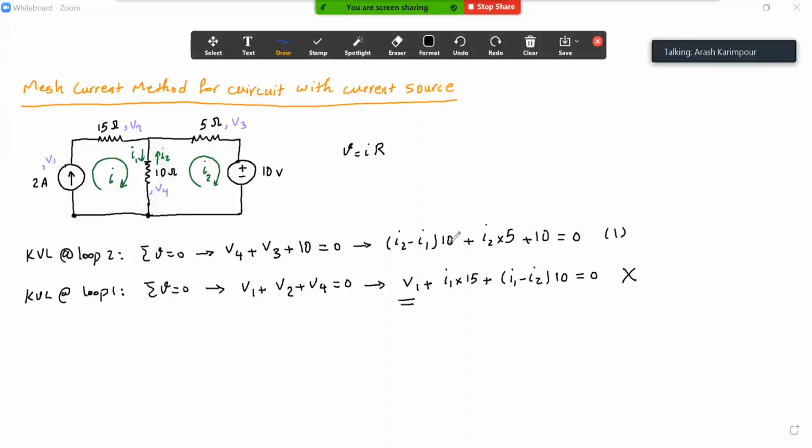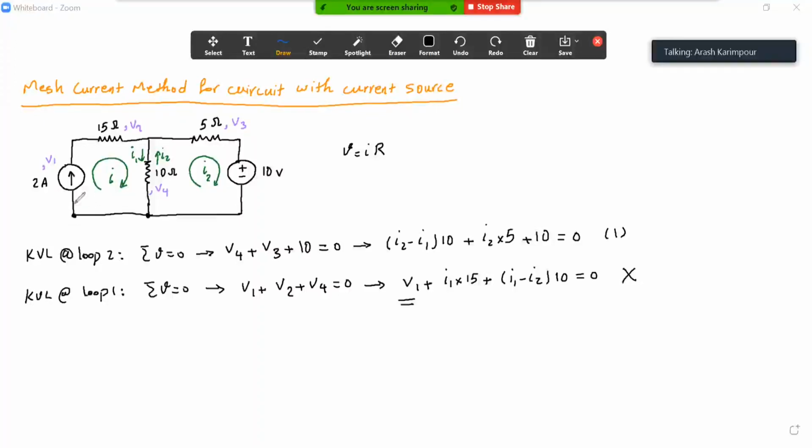So I need another equation, and I have to think of another way to come up with it. This is a very simple circuit.